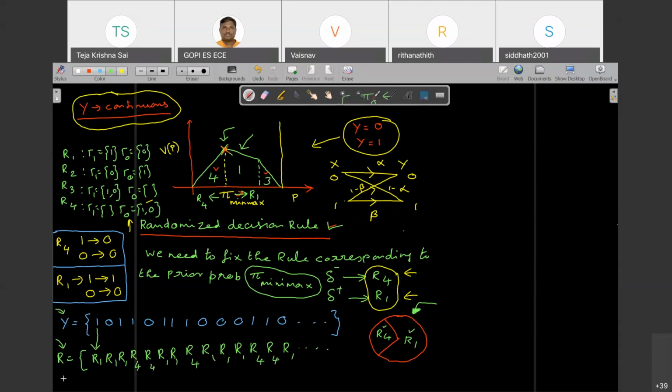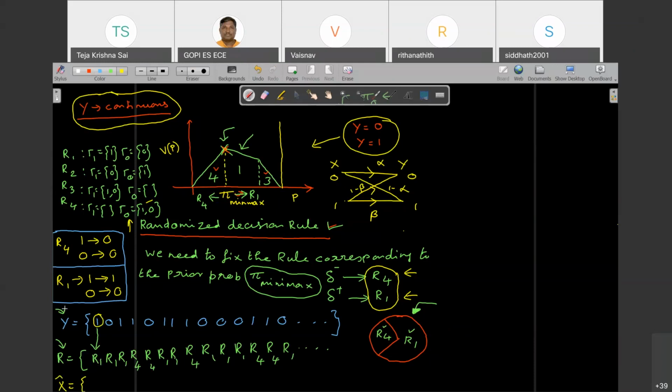Now you are going to detect. What is it that you are going to detect? This is what you are going to detect: what is being transmitted from the transmitter. So now you see what you received is 1, and I have to apply rule 1.